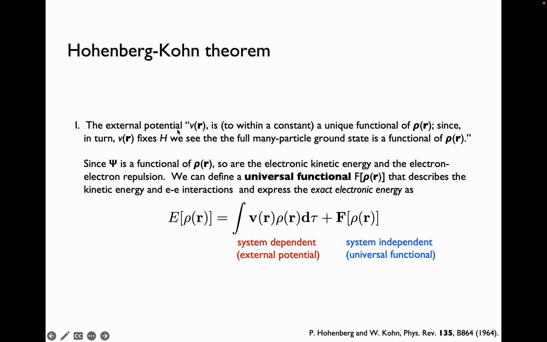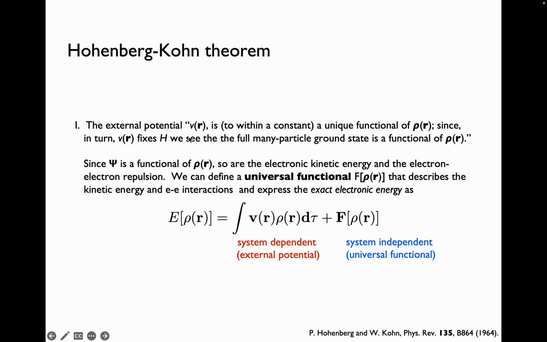All right. And so there is this theorem, the Hohenberg-Kohn theorem, which says that the external potential with a unique functional of the density can reproduce the ground state energy exactly. Okay, so what is this external potential?